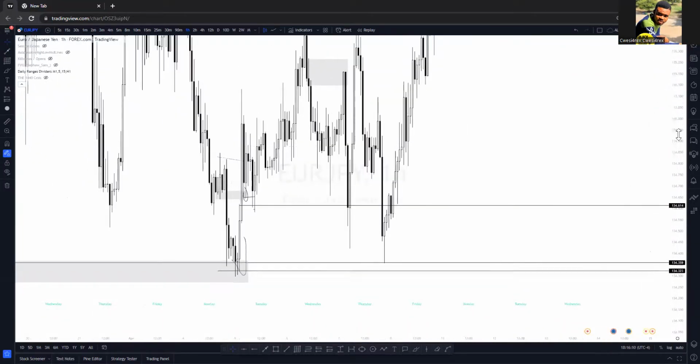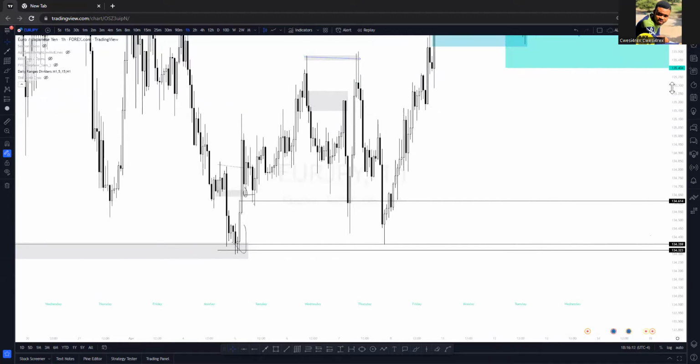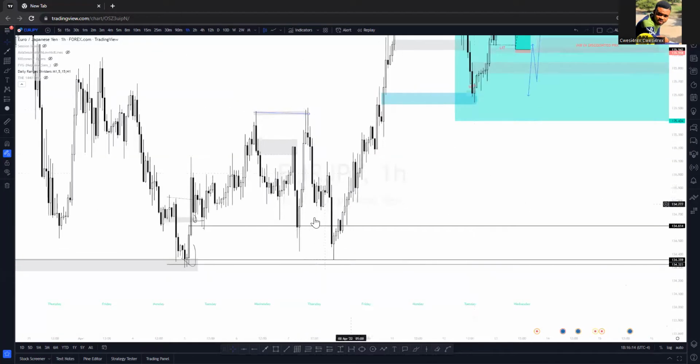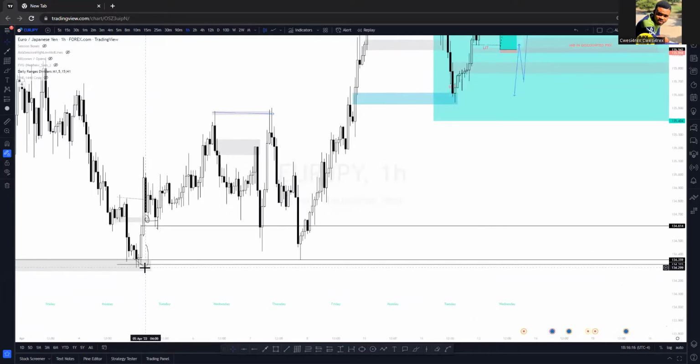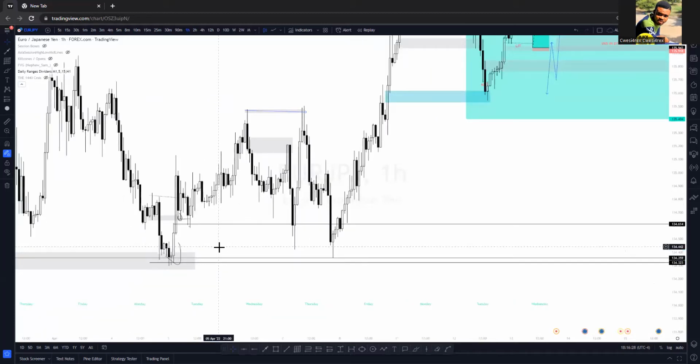You can see the number of days or hours it took before price returned to this point of interest. That's why they say an order block can be created today and it can take years, even a year, 2 years, 3 months, 1 month before price will return to the order block to mitigate it, right?